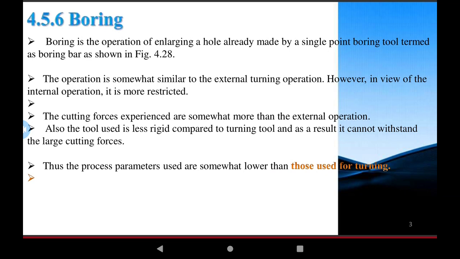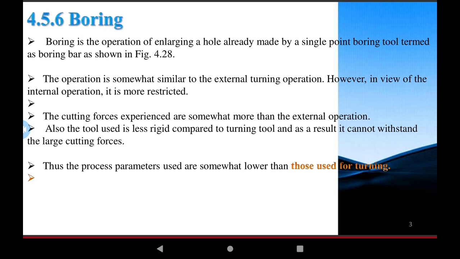During the work, oils are also provided as cooling liquid to remove heat from the tools and to increase tool life. The tools used are of a lesser grade than turning tools, so they cannot withstand large cutting forces.